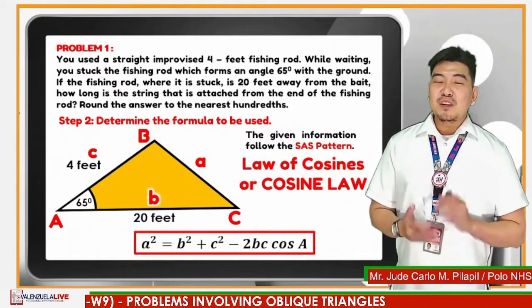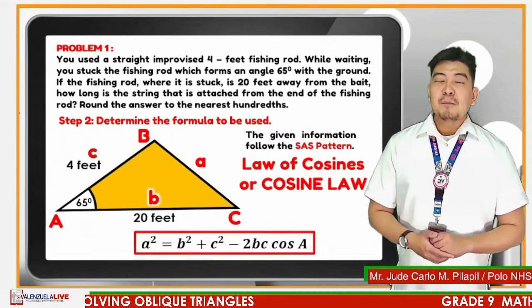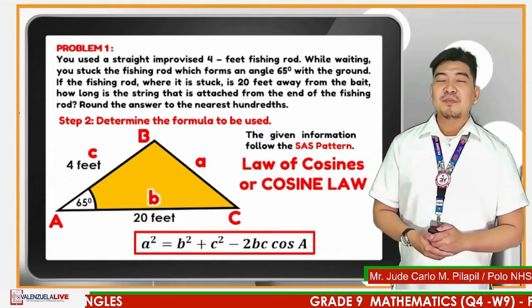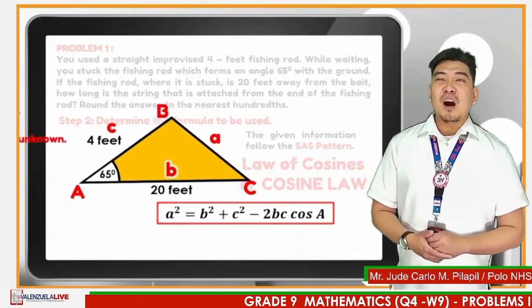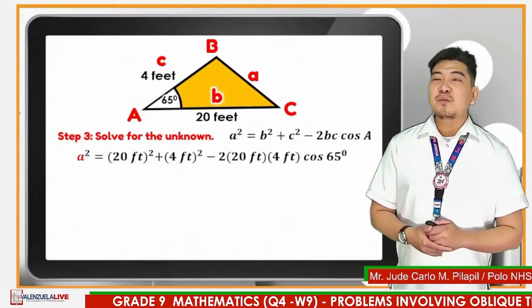Fantastic! We use the formula a squared is equal to b squared plus c squared minus 2bc times cosine A. Let us continue our solution. Substitute the given information to the formula.